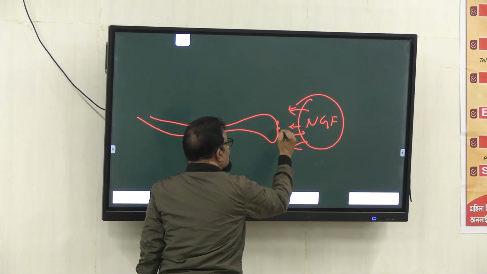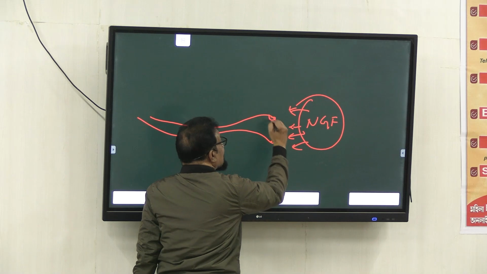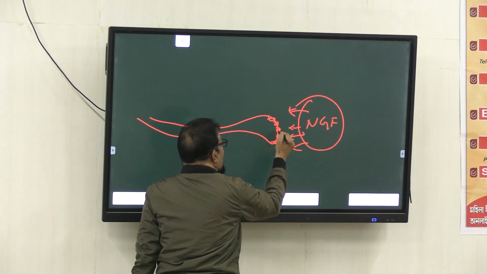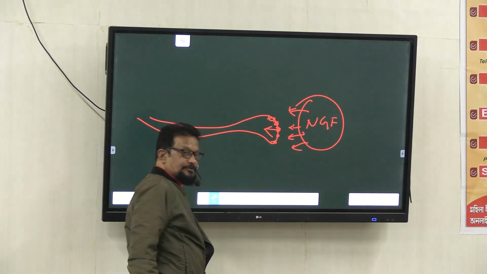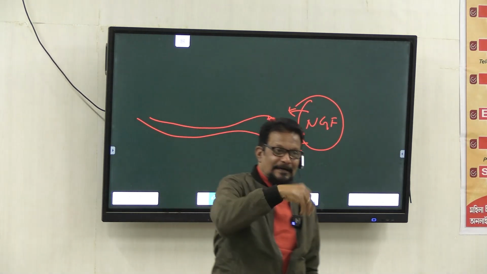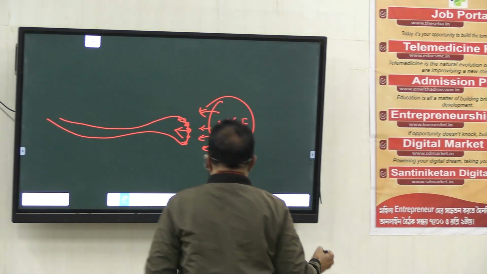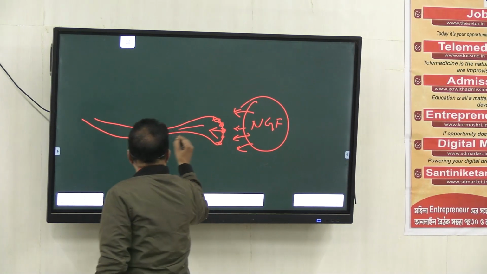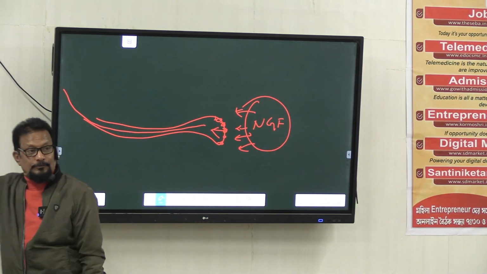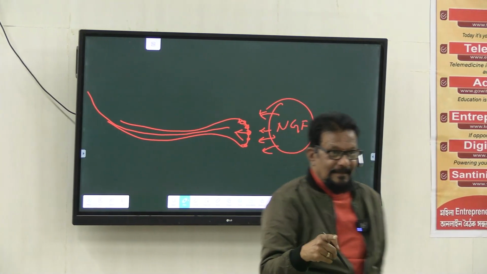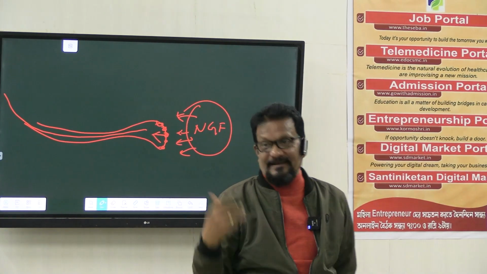So here are the binding sites for NGF. NGF will bind here and will be endocytosed within the axoplasm. Passing through the axoplasm, it will pass to the cell body, and there it will produce its action.